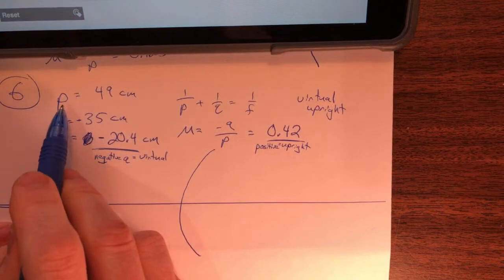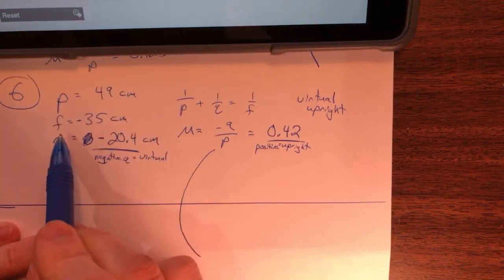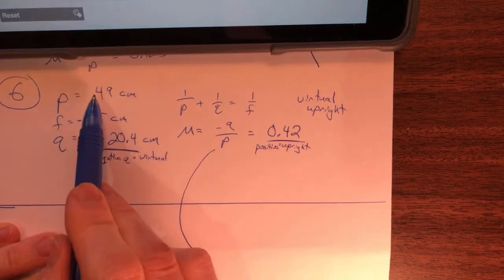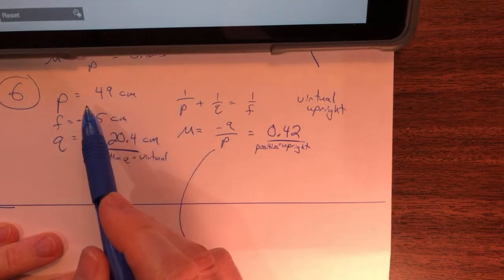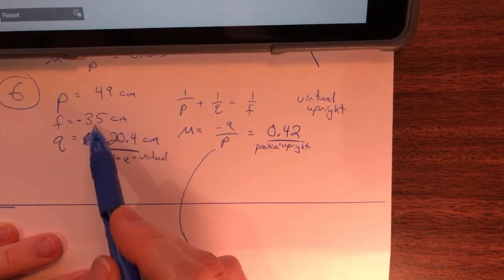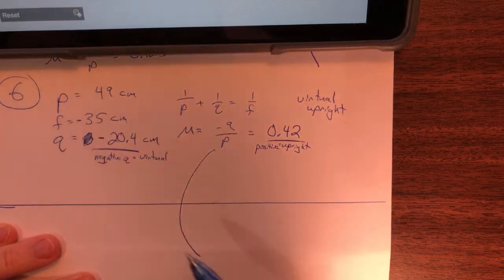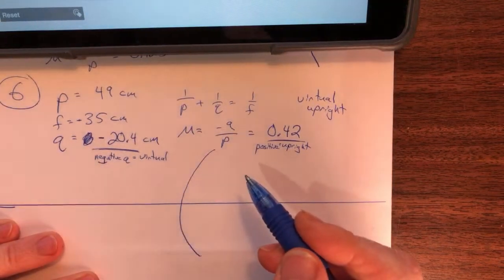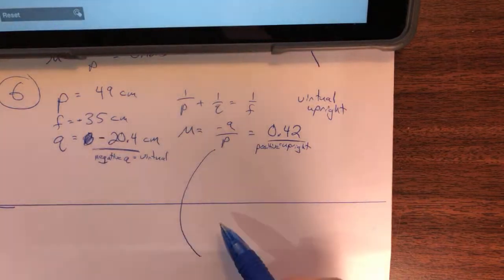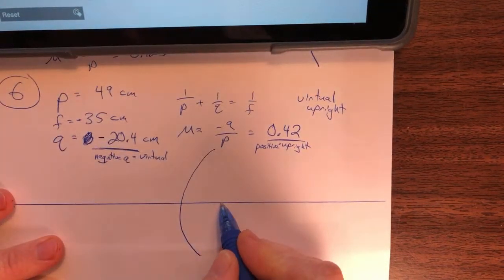We have a focal length of -35 and a P of 49. It's not quite 1.5 times that. It's almost 1.5 times that. So 50 is almost 1.5 times that. So we have an F of, so this is going to be our F.